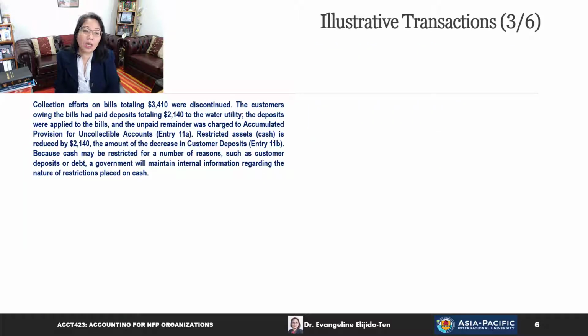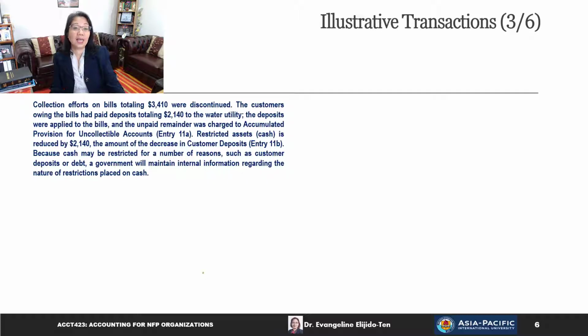Now let's look at collections. Collection efforts on bills totaling 3,410 were discontinued. The customers owing the bills had paid deposits in the amount of 2,140 to the water utility. The deposits were applied to the bills and the unpaid remainder was charged to accumulated provision for uncollectible accounts.